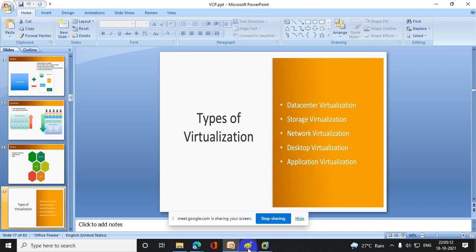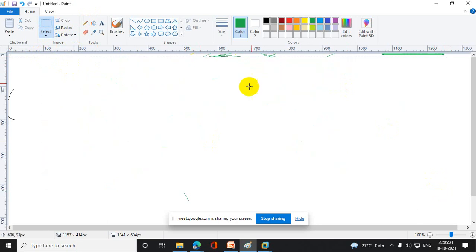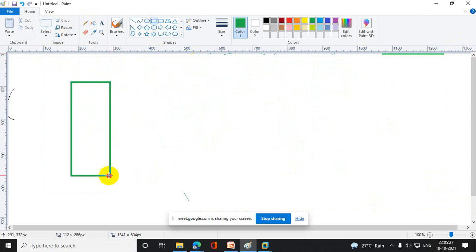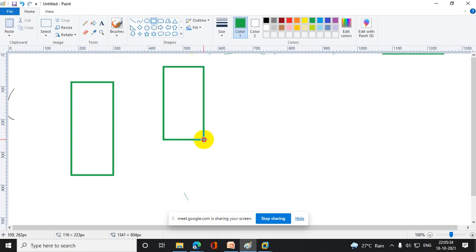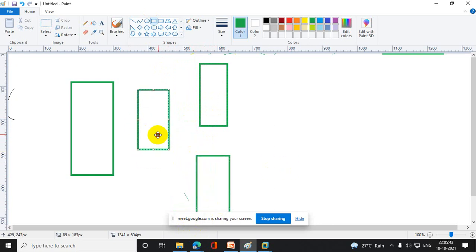Exactly. So first of all, I'm telling you about storage virtualization. Let's draw it so we understand the scenario. So this is your ESXi host 1, this is ESXi host 2, this is ESXi host 3, and this is ESXi host 4.